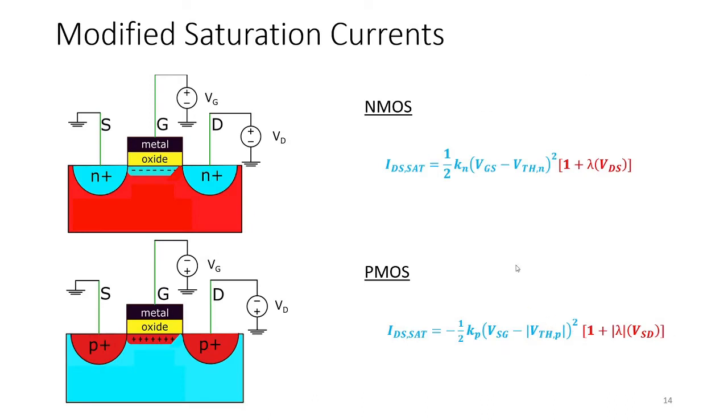So if we model this idea, we must now include this quantity here. Instead of having a constant saturation current, it is now linearly dependent on VDS, and the slope of this is lambda, which is the channel length modulation. Okay?